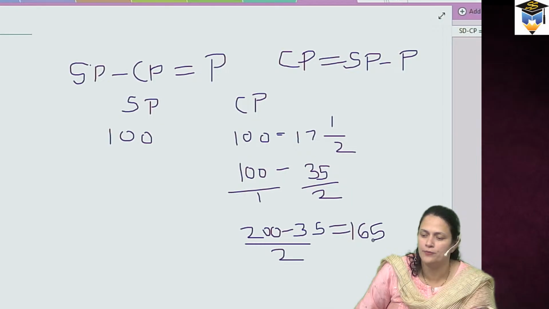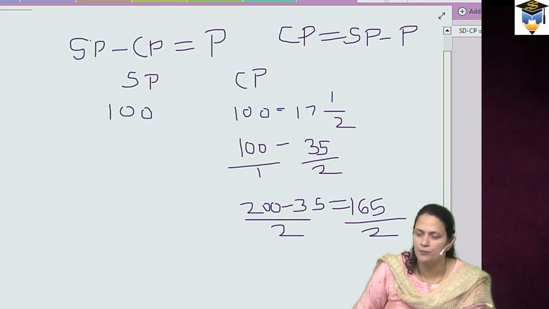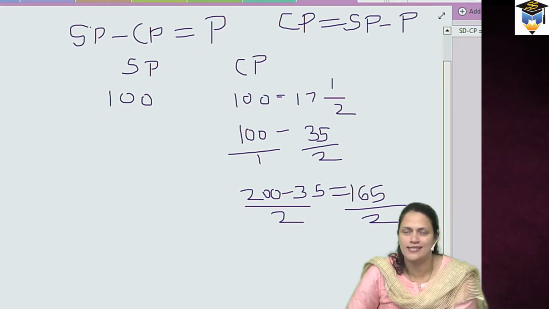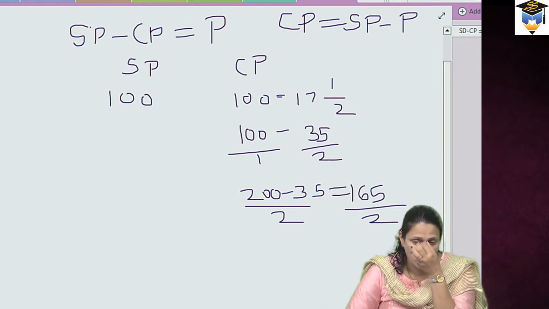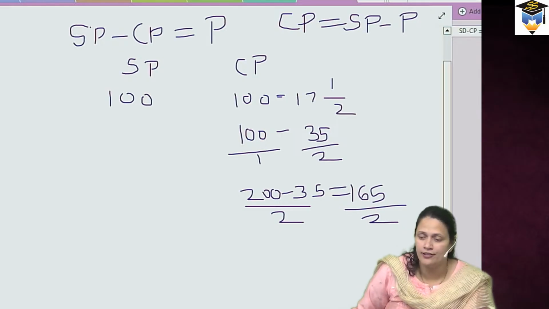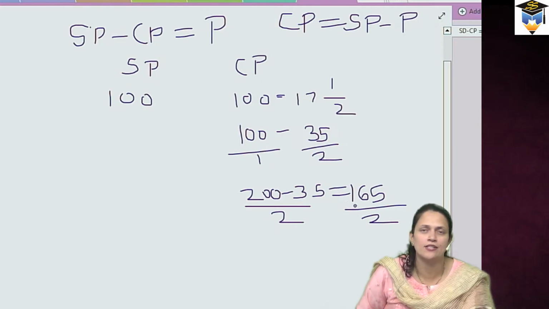Write it down along with me, for those who do not understand. You have to do the subtraction correctly, take LCM as 2 and then multiply 100 both in the numerator as well as the denominator by 2. So you will get 200 minus 35 upon 2, which is nothing but 165 upon 2.